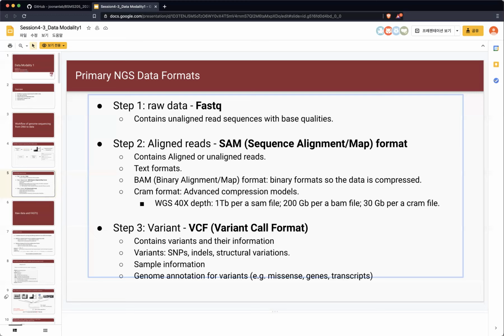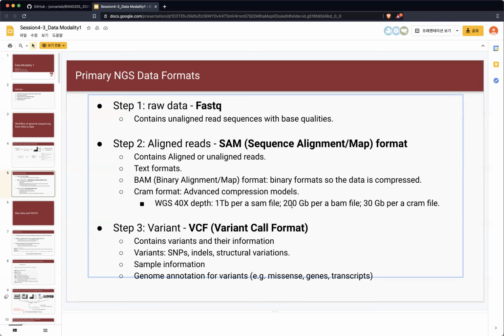So if you analyze a whole genome sequencing data set, as conventionally used in research, and generate the file from one person, it will take 1 terabyte, right? 1 terabyte is probably larger than most people's computer disk space. Most laptops have 256 gigabytes or 512 gigabytes, right? So 1 terabyte is an amazingly large data size. If you store that information in the BAM format, it will take 200 gigabytes.